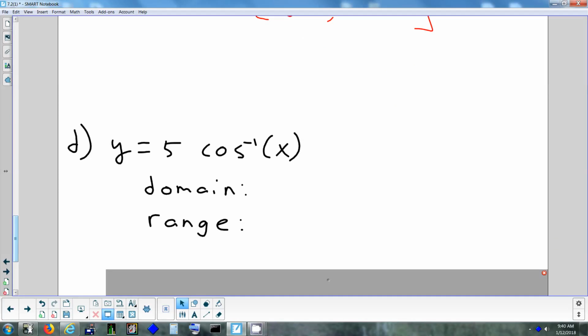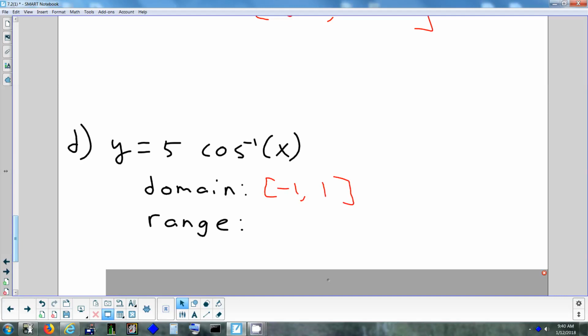Okay, what stays the same here? The domain stays. Yep, and what's the domain of inverse cosine? Negative 1 to 1. Negative 1 to 1.